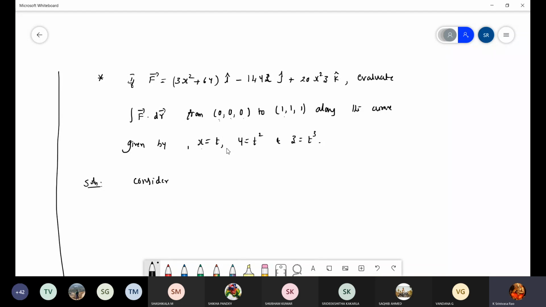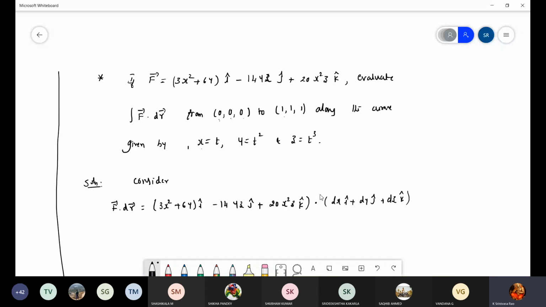Consider f dot dr, that is equal to 3x square plus 6y i cap minus 14yz j cap plus 20x square z k cap, dot dr, which is nothing but dx i cap plus dy j cap plus dz k cap.